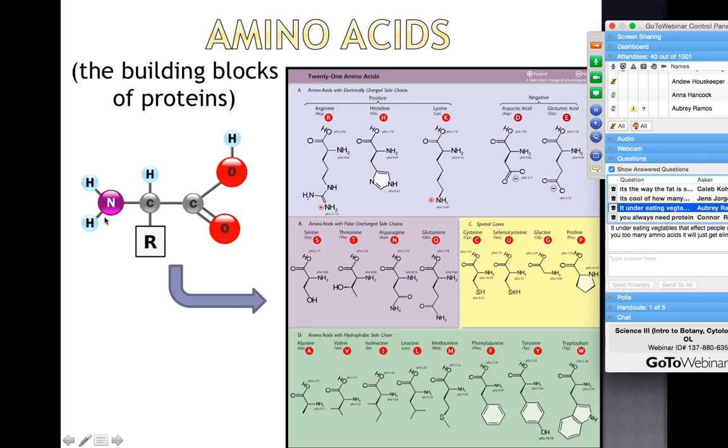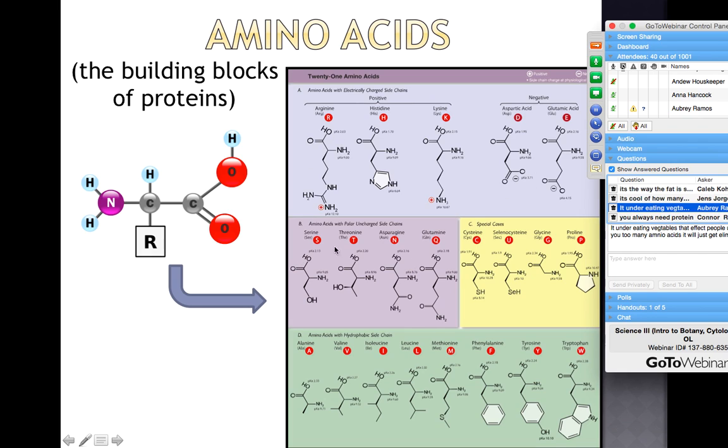As you can see, all the amino acids are made out of the same base, an amine part and a carboxylic area, and then this R means the residue, which is kind of the tail of the different amino acids.